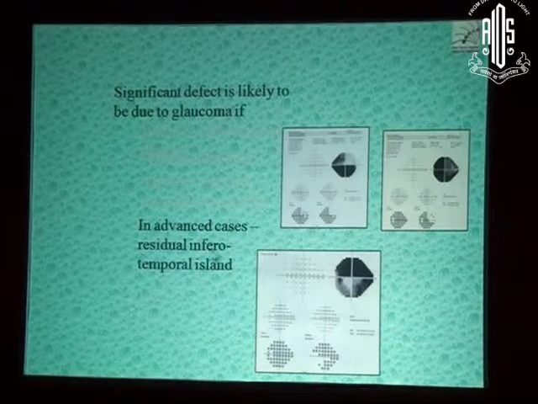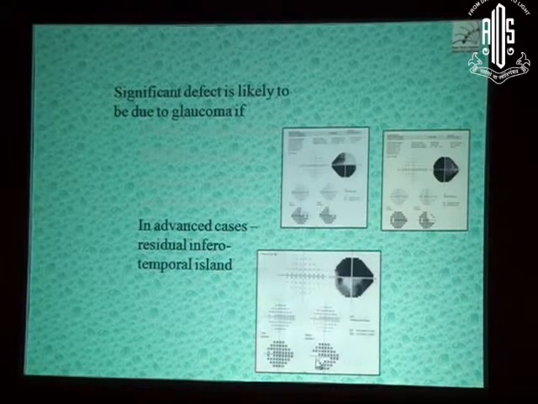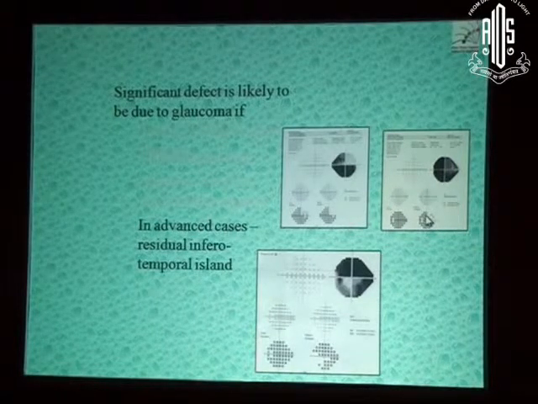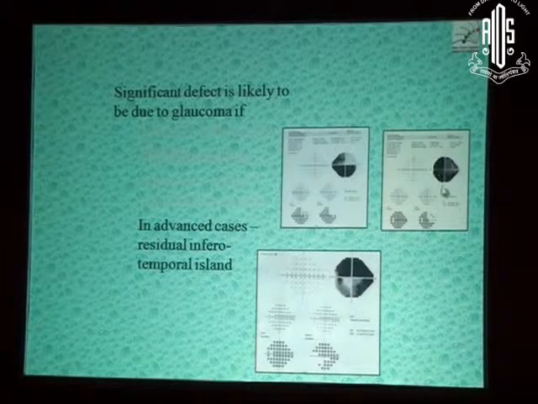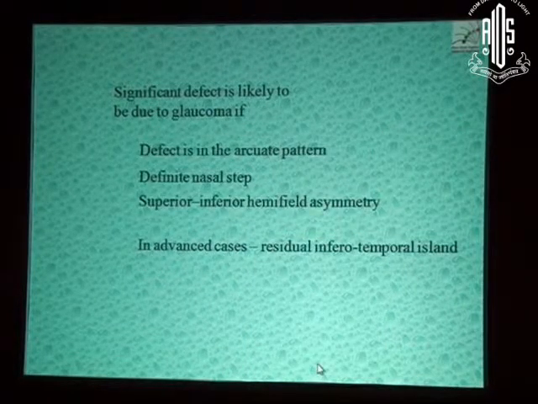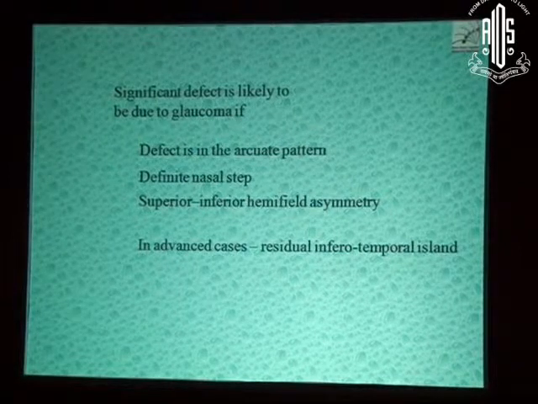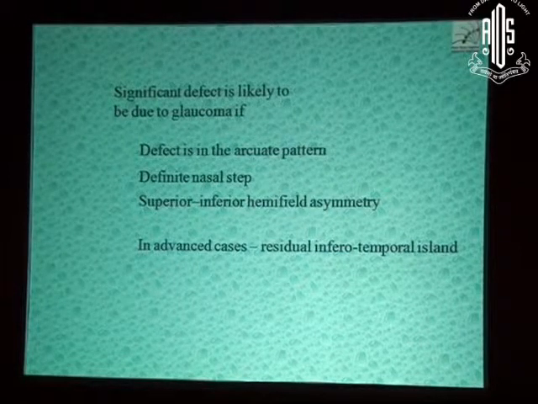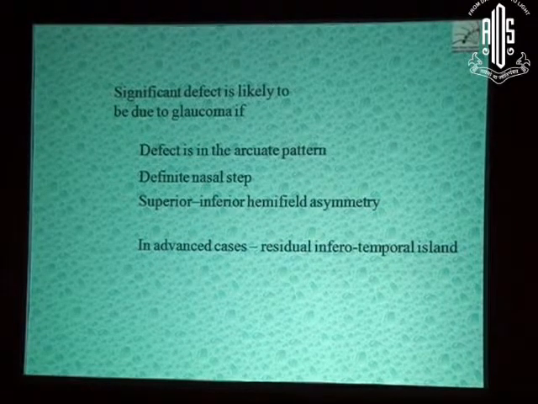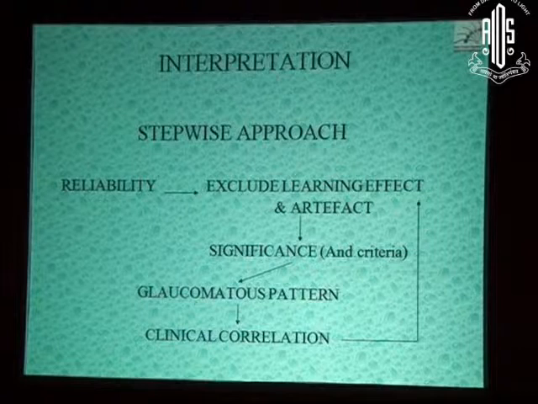In advanced cases there will be a residual inferotemporal island. This is not an inferotemporal island, this is not an inferotemporal island. These are likely to be neurological rather than this, which is likely to be glaucomatous. So there are four features within the arcuate pattern: a definite nasal step, superior-inferior hemifield asymmetry, and in advanced cases, a residual inferotemporal island.